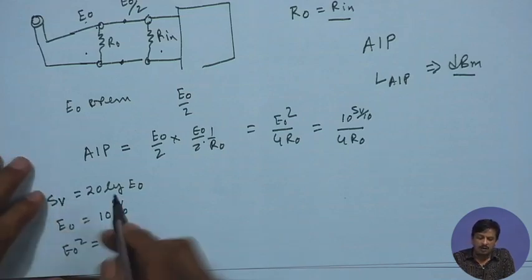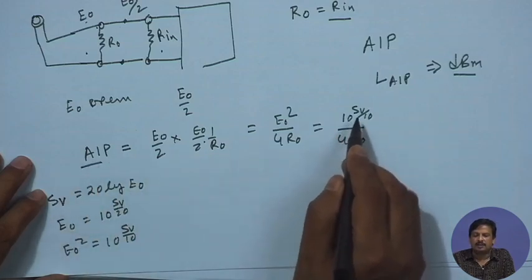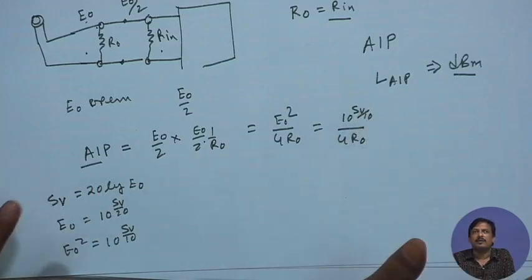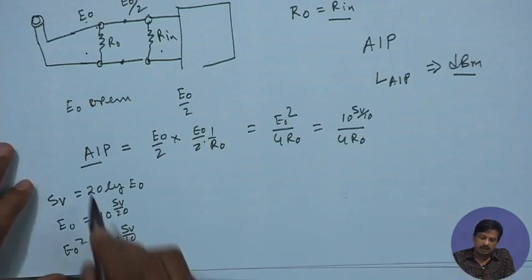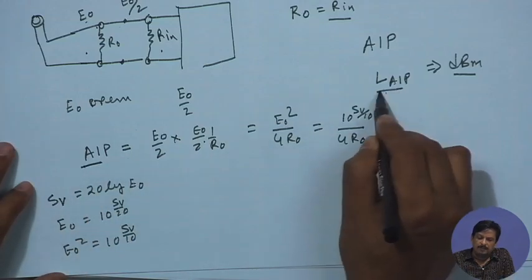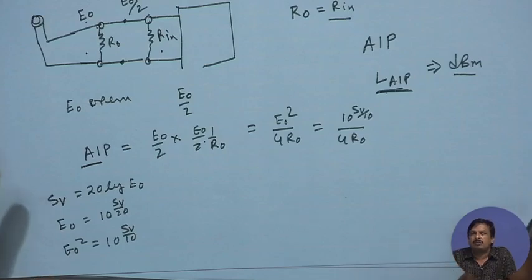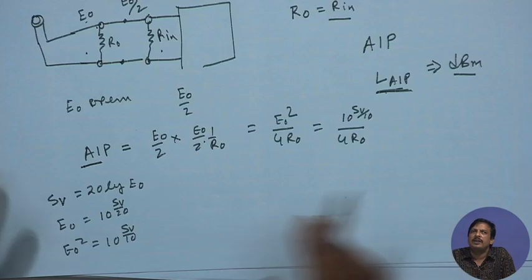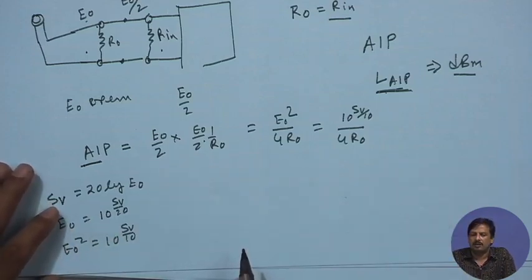Okay. Now, available input power is 10 to the power SB by 10 divided by 4 R0, if the microphone is connected in impedance match condition. Now, when I say LAIP, the level of available input power, or the power sensitivity of the microphone, what do I have to take?